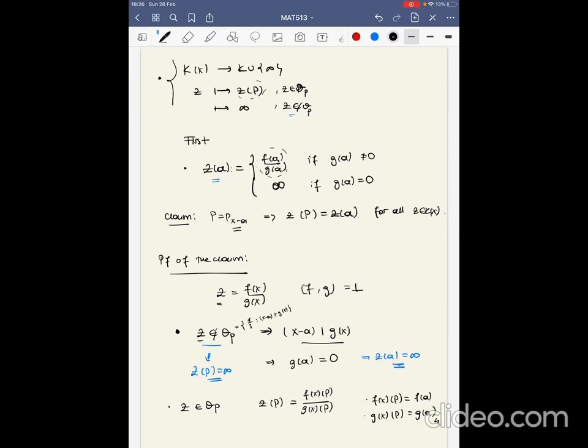Then we will see that this can indeed be seen as z(a). So let me show this first equality.